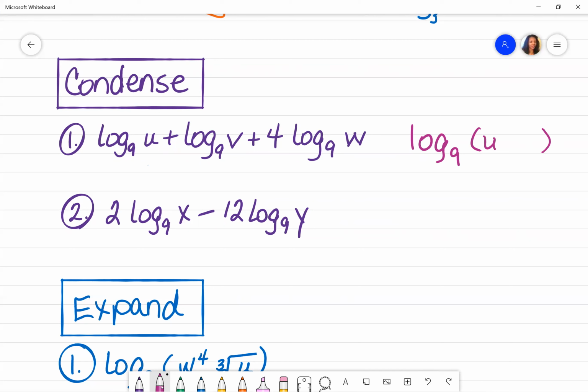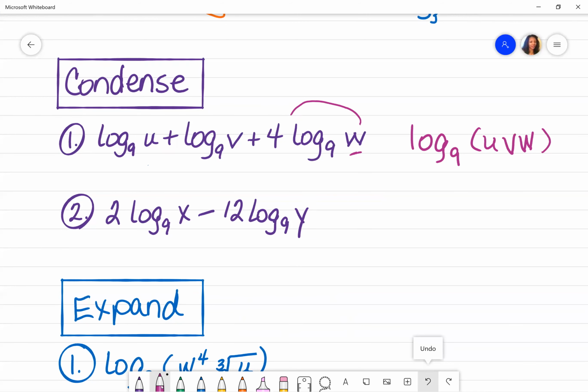I have a U for my first log. I have a plus sign, which means I'm going to multiply it times this V. So U times V. And then I have another plus sign, which means I'm going to multiply that times the W. However, this W is not by itself. It has an exponent. That's that power property that we were talking about.